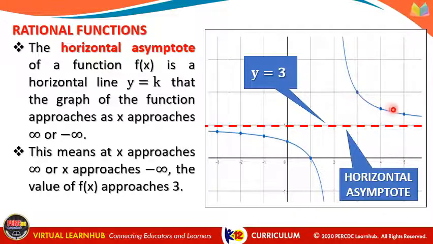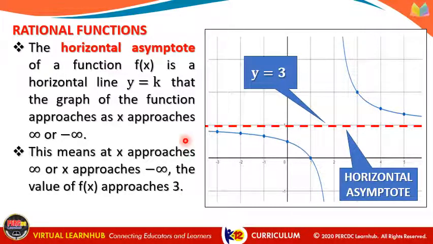Yung value ng graph mo ay palapit ng palapit sa 3. Ganon din dito. Habang let's say yung graph mo ay papunta naman sa negative infinity, pag tinuloy-tuloy mo yung graph mo to the left, malalaman mo na yung value ng function mo palapit din ng palapit sa 3. So, yun ang horizontal asymptote natin.